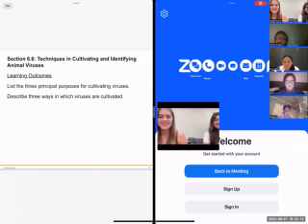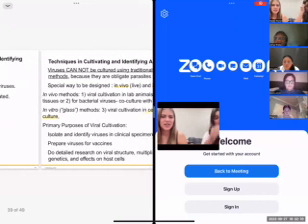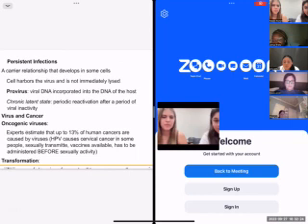Transformation is the process of changing a normal cell to a cancerous cell upon provirus incorporation into host DNA. So it goes with oncogenic viruses.